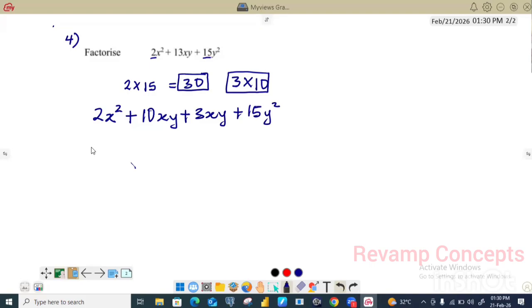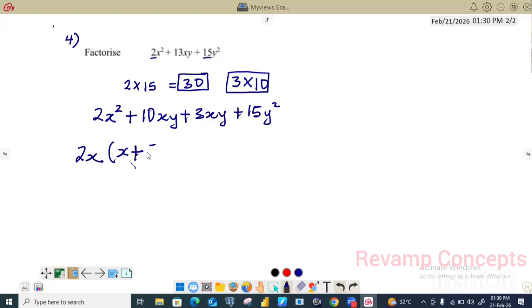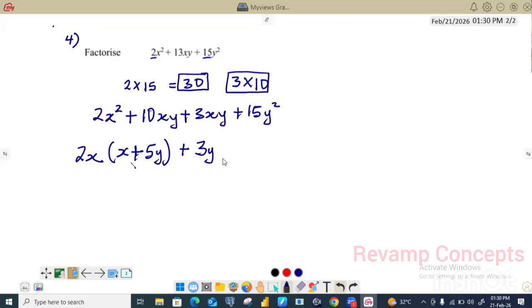So factorizing each part separately, we are going to have 2x in this place, and that will be x plus 5y. And for this aspect, we can factorize out 3y, and we're going to have x plus 5y as well.